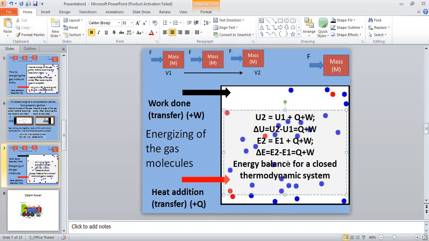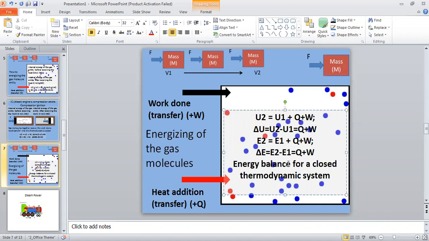Energy balance, because the energy won't be lost, nor can energy be created. So addition of heat gives an equal amount of rise in internal energy. Addition of work gives an equal amount of rise in internal energy.